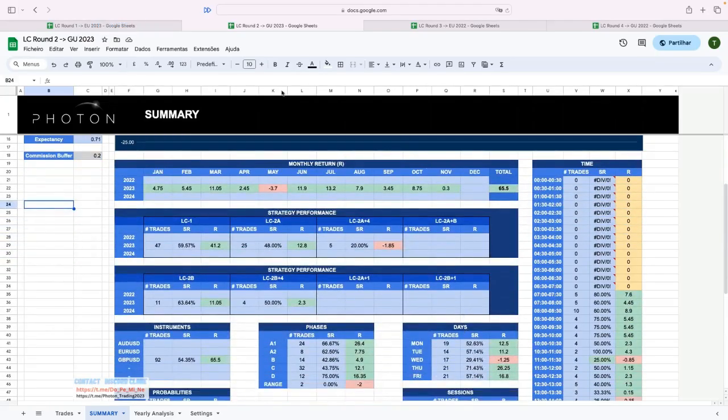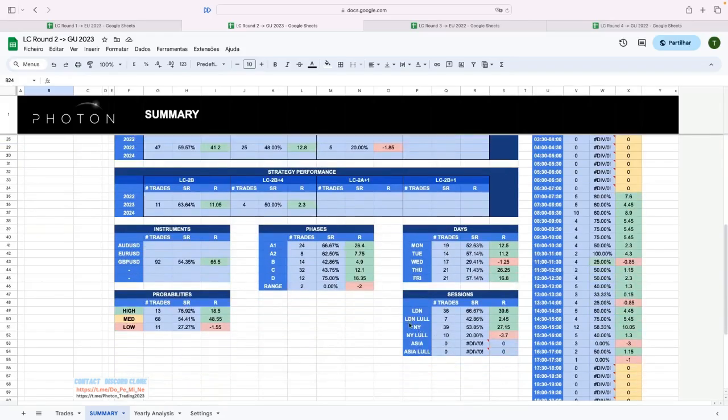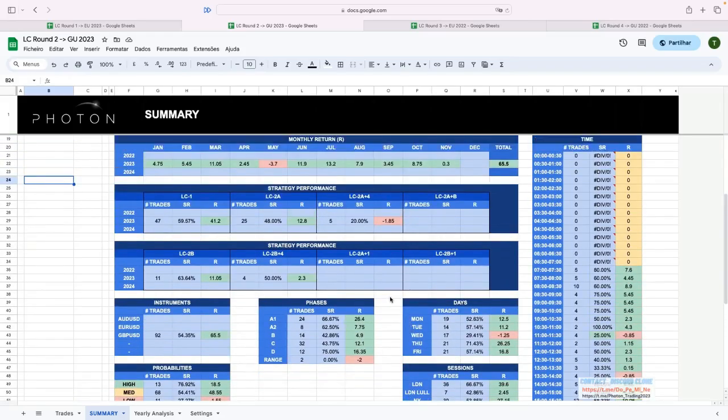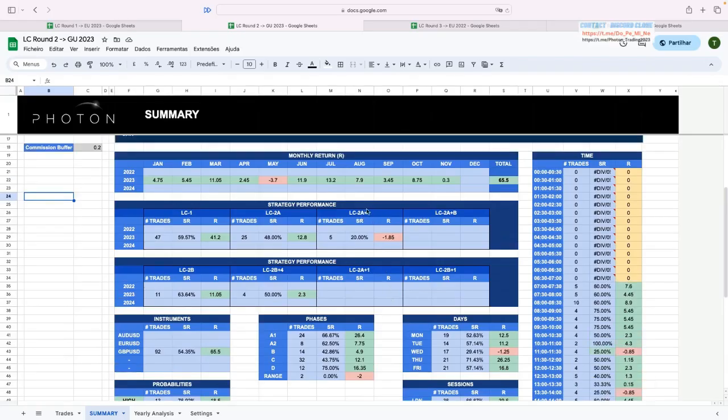So this is the power of data. I know, for example, from round 2 that I really want to trade just London and New York. I know that I won't be trading the variable number 4 that I explained in the previous minute. LC2B was something that I was not sure about, to be honest, but even though it gives a small percentage at the end of the year, what I really like is the fact that the strike rate over the 4 rounds was all more than 50%.